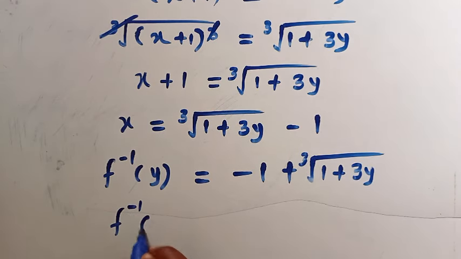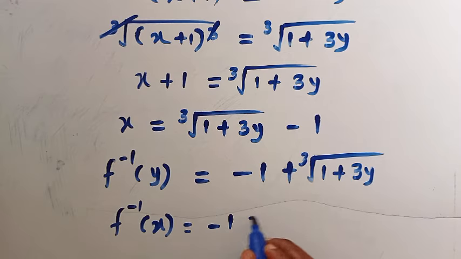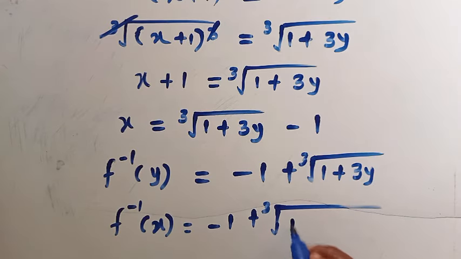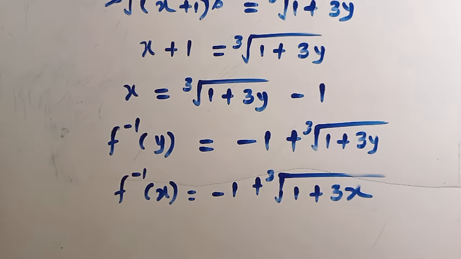And we have f inverse of x equals minus 1 plus the cube root of 1 plus 3x. And this function is valid everywhere, for any value that we plug in. So this is how to solve this problem, and I solved it step by step.